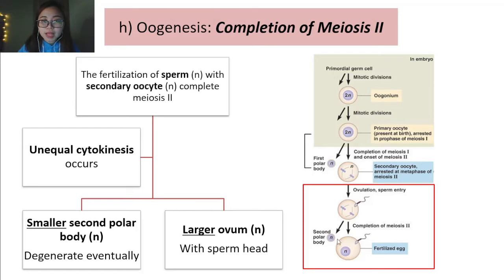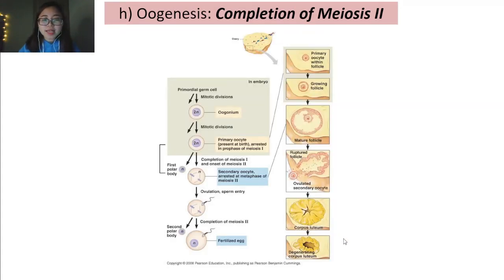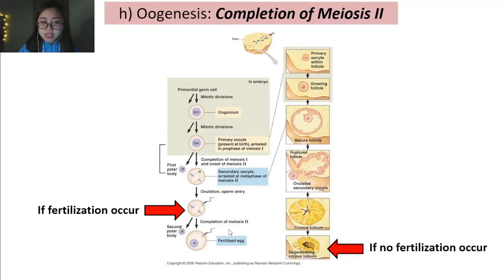Yang kecil perlahan-lahan akan mati. Okay, so that is how you can complete oogenesis until meiosis 2. If fertilization occurs, meiosis will complete until here. If fertilization does not occur, eventually the secondary oocyte will die and the corpus luteum will also die.